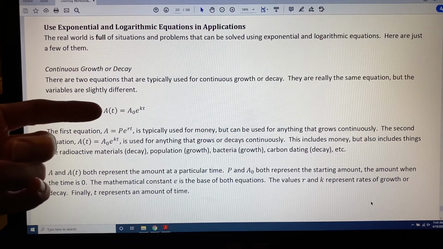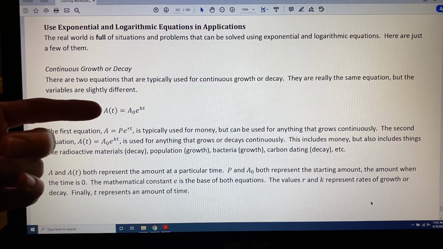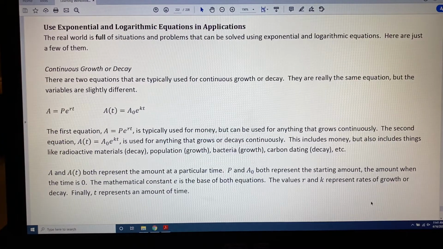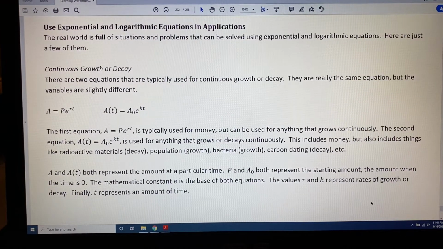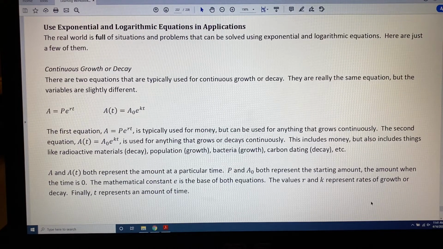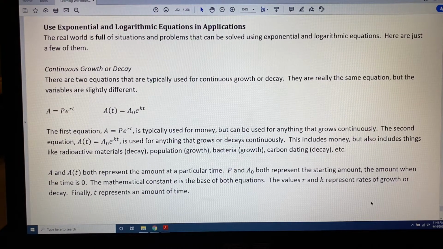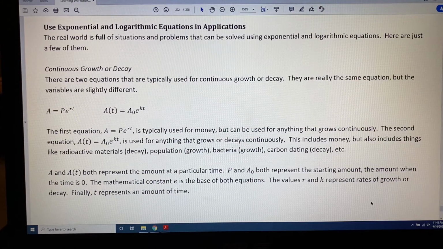The second is A of t equals A naught e to the kt. The first equation, A equals Pe to the rt, is typically used for money, but can be used for anything that grows continuously. The second equation, A of t equals A naught e to the kt, is used for anything that grows or decays continuously.